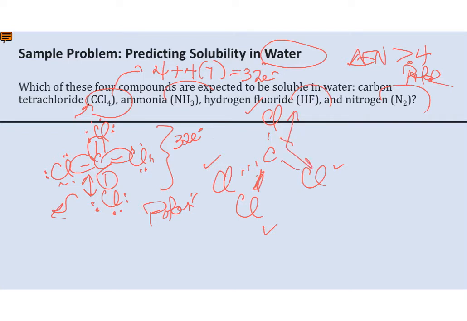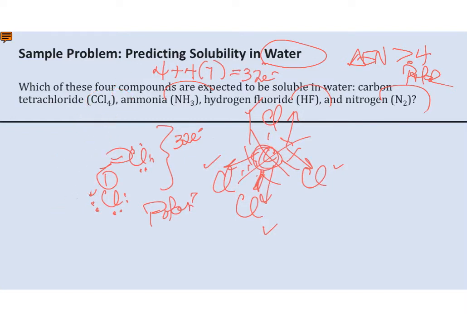And so what happens in that case is even though the bonds are polar, the dipole moments from each of those bonds cancel each other out. They're all pulling with equal strength in opposing directions, and so there's no net movement for the central atom. So that is non-polar. Let me erase and go to the next one.